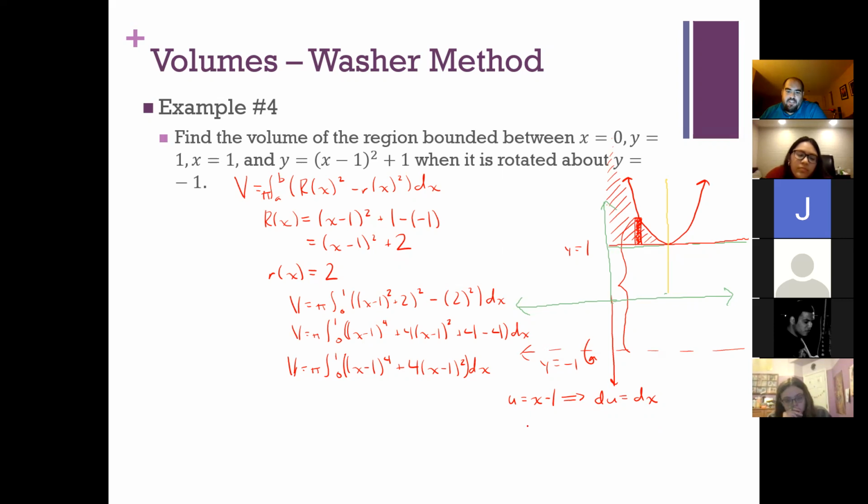Yep, the bounds are going to change as well. What are they going to change to? -1 and 0. Okay, so now we're going to get a new integral: pi, and then we're going to go from -1 to 0. And since dx equals du, this should be pretty straightforward: u to the 4th plus 4u squared, du.